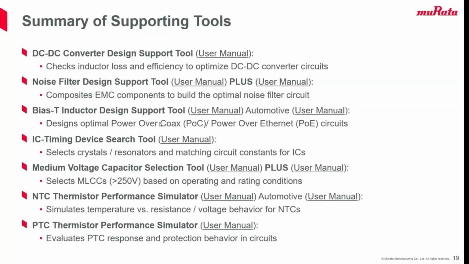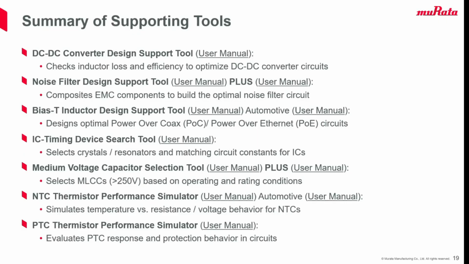So, summary of supporting tools: we went over the DC to DC converter tool, which helps check for inductor loss and efficiencies. And you can optimize different combinations of inductor or cap depending on your circuit. The noise filter design support tool helps you do different filter topologies to optimize for specific noises at specific frequencies.